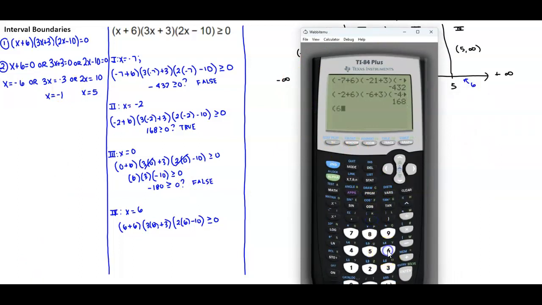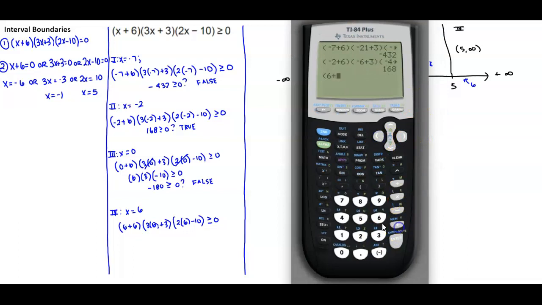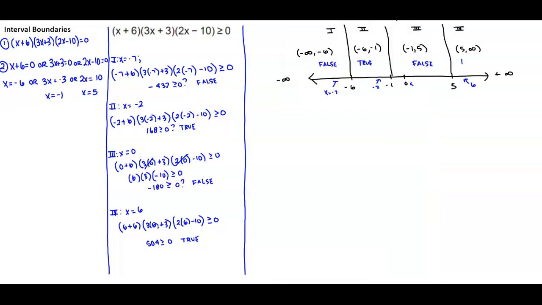So we have 6 plus 6, and then 3 times 6 is 18 plus 3. 2 times 6 is 12 minus 10. And that gives us 504. And that is greater than or equal to 0, which is true. So we determined that it is true for region number 4.